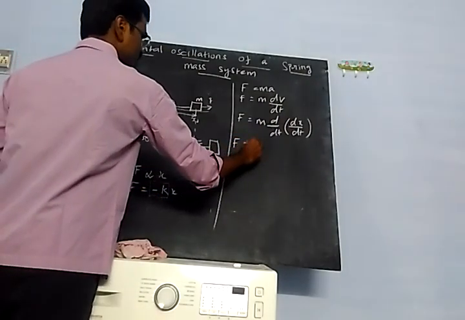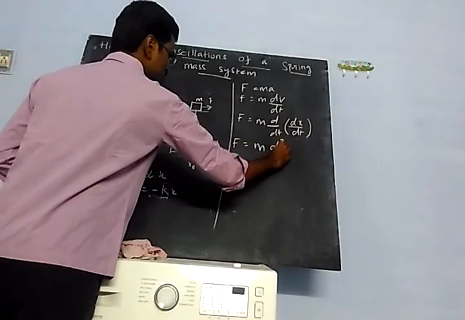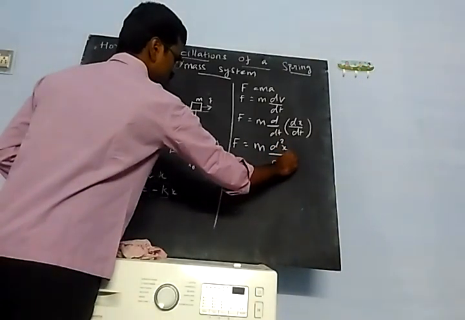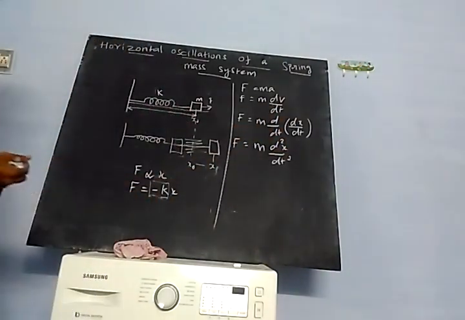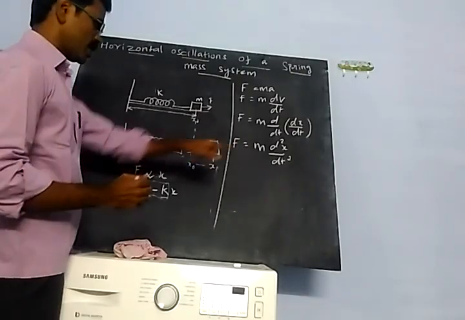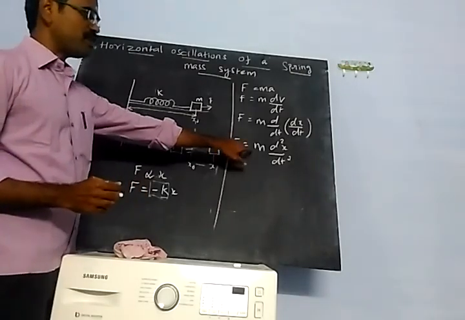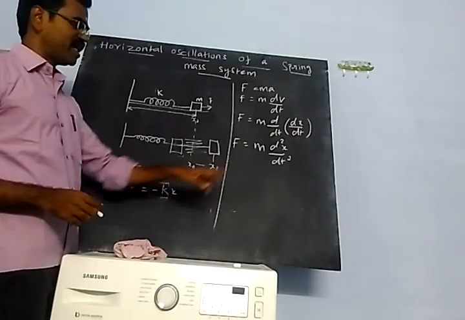Then F is equal to m into d squared x by dt squared.